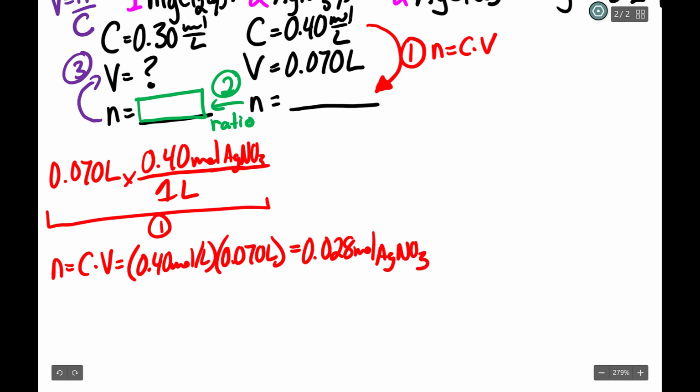So I got my answer for that step. Of course, in unit analysis, I wouldn't put it in there. I'm going to put it up here for now. So 0.028 moles. Okay. So what's happened is the liters has canceled out with the liters. Our next step is our mole to mole ratio.